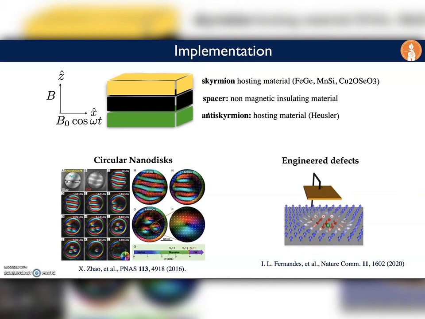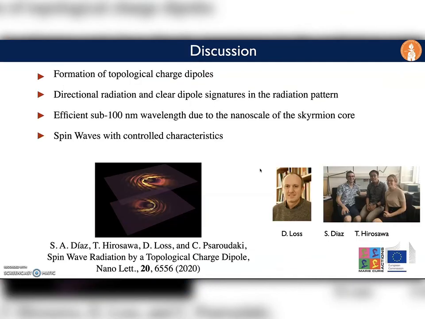Of course, a crucial step is to ensure that the Skyrmion and anti-Skyrmion are approximately on top of each other by either utilizing a confined geometry such as a nanodisk, or we can use engineered pinning defects for a precise positioning.